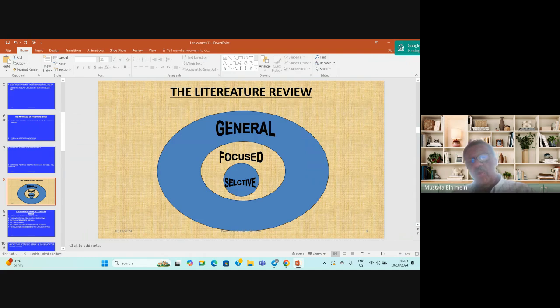And then we go further to conduct a focused literature review, in the sense that we focus on the important literature that is relevant to the topic. And then lastly, we go for the selective literature, which represents the directly relevant literature review to the topic.